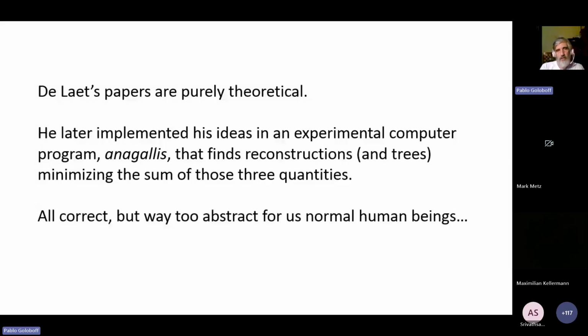And all of this is correct, but it is way too abstract for us normal human beings. I would have a hard time explaining why those three quantities really minimize homoplasy and how you go around measuring them on specific trees.